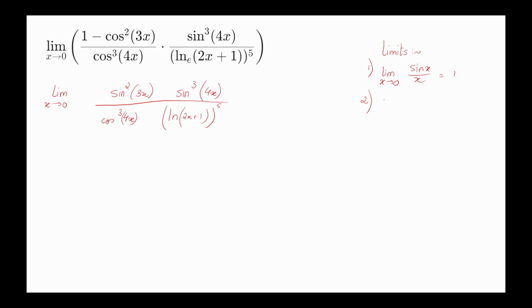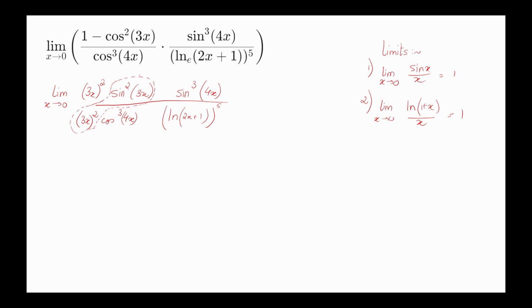Second limit that I'm going to be using is limit x tending to 0, ln of 1 plus x upon x. This is also equal to 1. So what I'll do here is, first of all, I'll see this sine square 3x. To remove this, I'm going to divide this by 3x whole squared and multiply it by 3x whole squared. So this term basically would become 1.